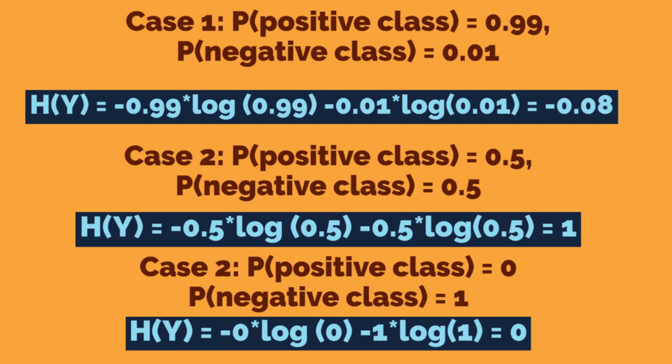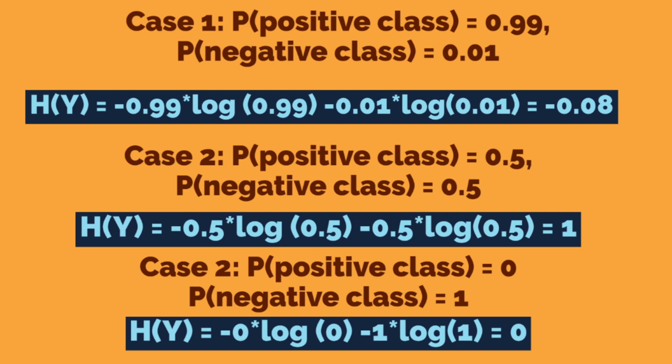If we now try to compute the entropy, we get -0.5 log 0.5 - 0.5 log 0.5. If you know the properties of logarithm, we know that log of 1 by 2 to the base 2 is -1. So this reduces to -0.5 into -1 - 0.5 into -1. So this will be 0.5 + 0.5, which is equal to 1.